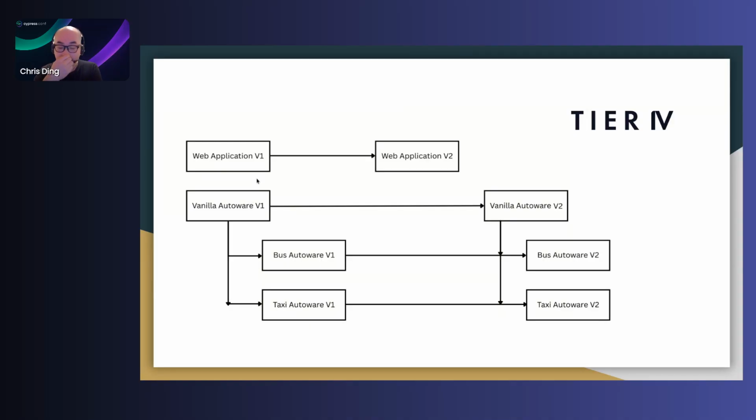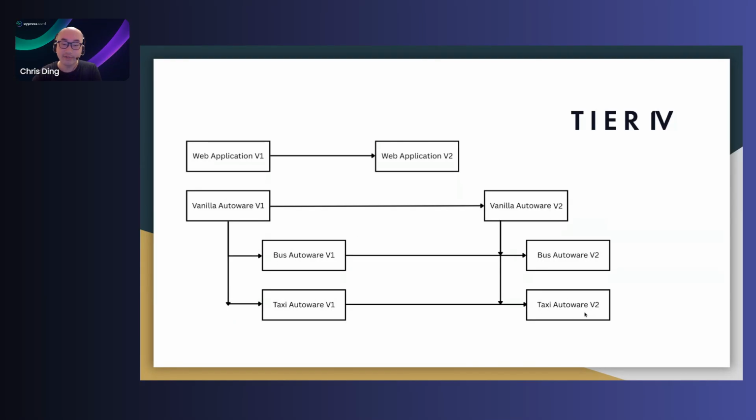And as we develop more features and have more releases, we'll eventually come to this state where the web application has a v2 now, vanilla Autoware has also got a v2 now, and bus Autoware has also got a v2, which was built off of the vanilla Autoware v2 and bus Autoware v1.